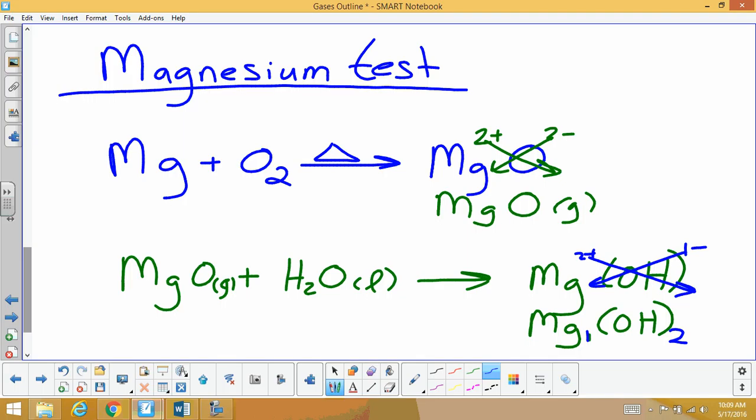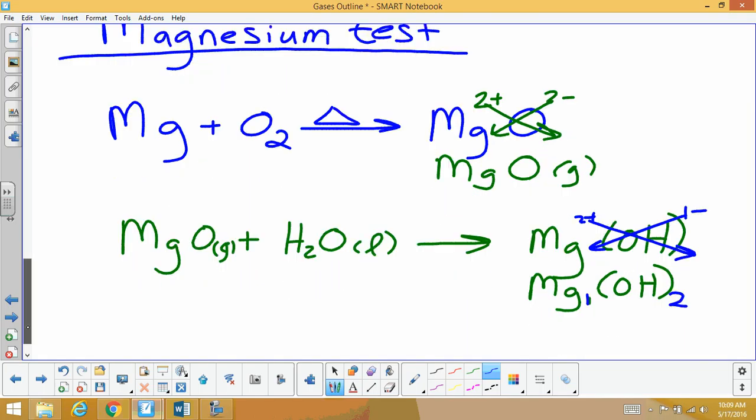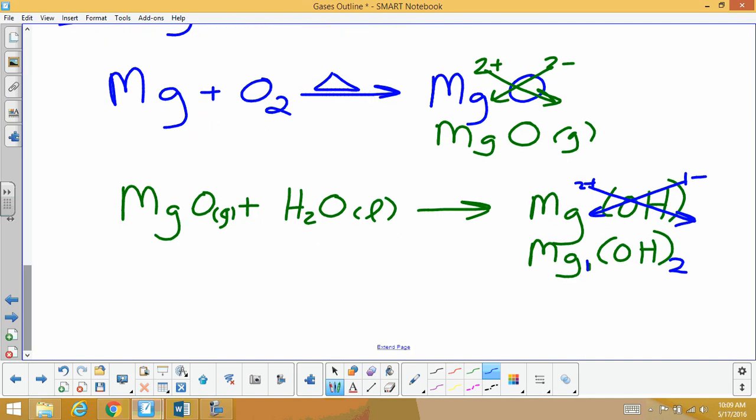We're having magnesium oxide plus water yields magnesium hydroxide. We also did litmus tests. We had blue and we had red. When we did this, the blue should have stayed blue. The red, on the other hand, should have changed to blue.